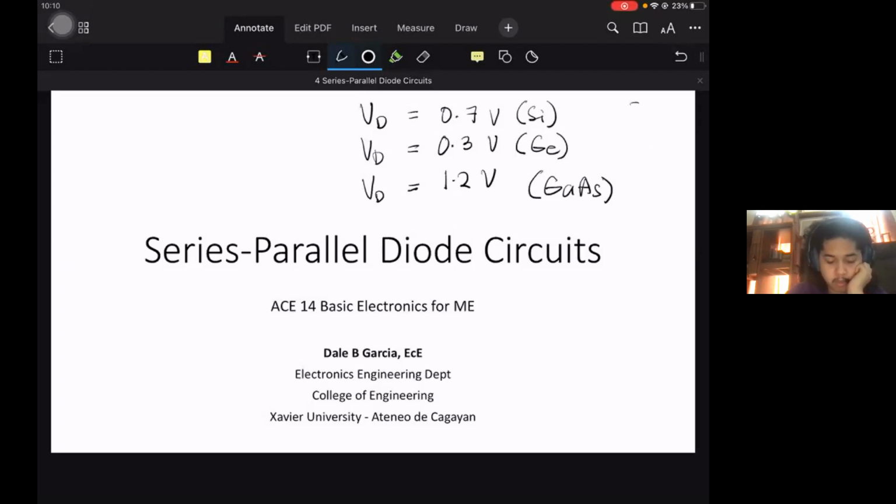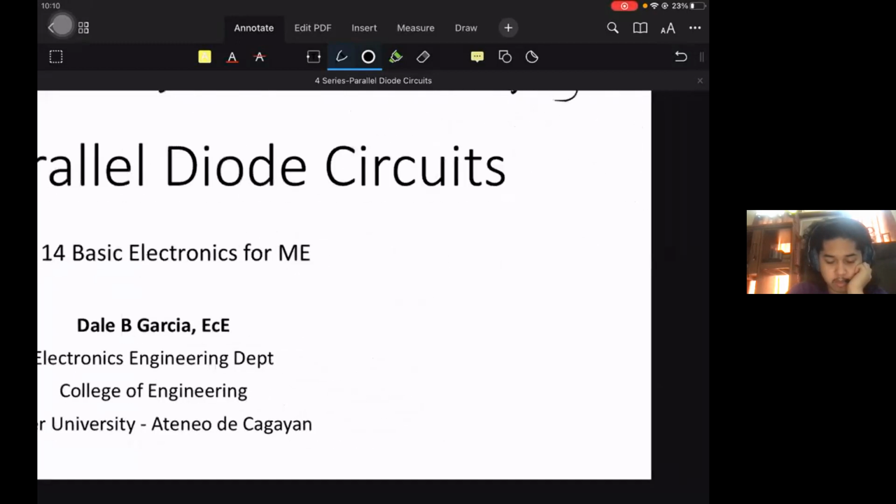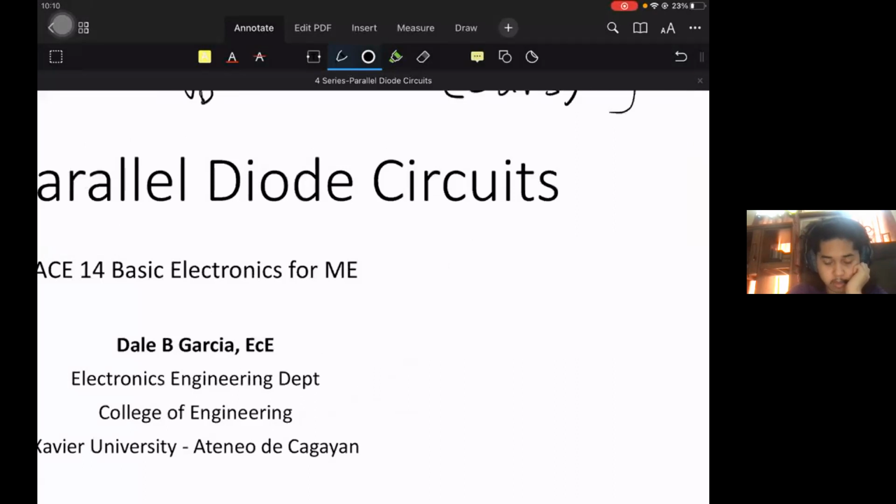Another thing, from basic circuits, maybe Circuits 1 or even high school electricity subject, you should remember for parallel circuits, for example, two resistors in parallel, R1, R2.